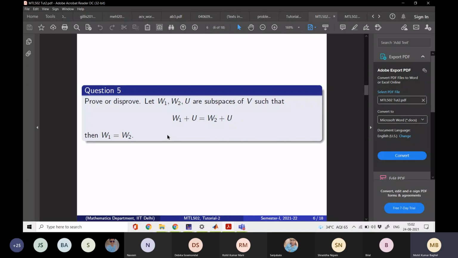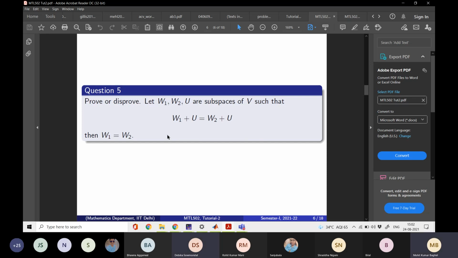You are saying if you take U as trivial, then W1 plus U will not be equal to W2 plus U, right? If we take trivial, then the first condition does not follow. W1 plus U equals W2 plus U should be satisfied then.